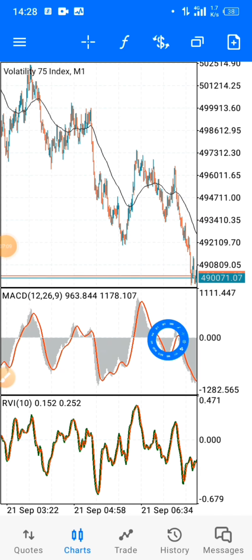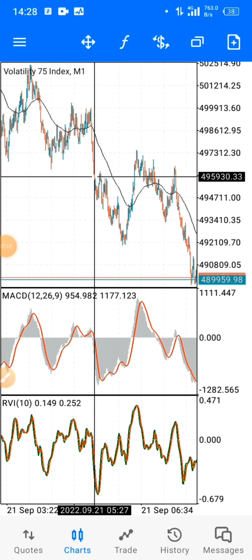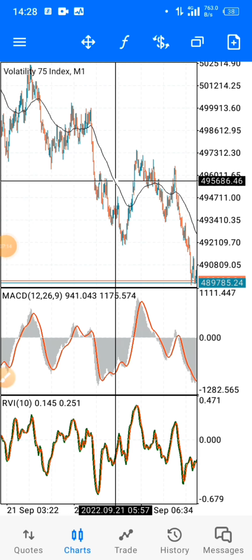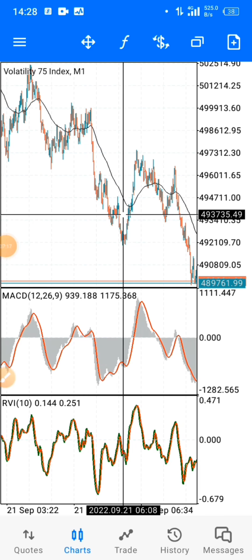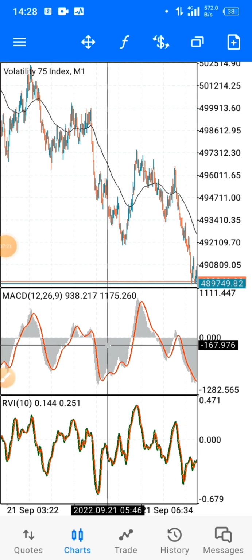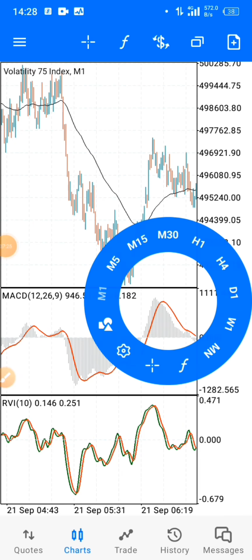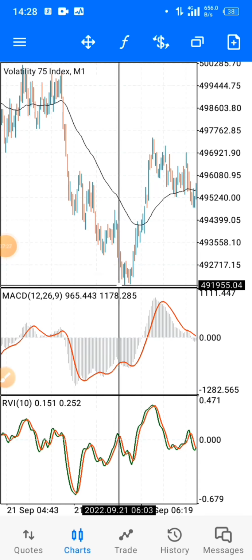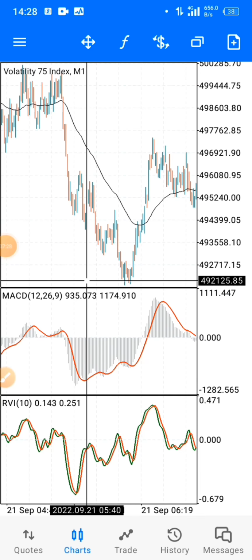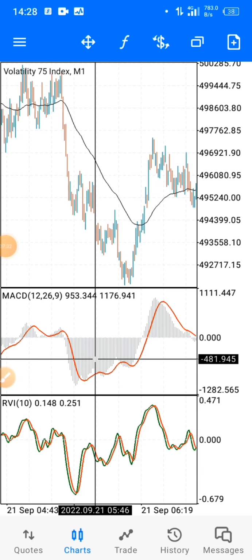And now here the candlesticks are below the black moving average, and the MACD histogram is below the level 0, right? Let me zoom in once. The candlesticks are below the black moving average, my MACD histogram is below the level 0.